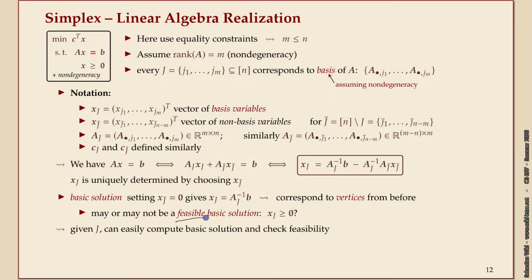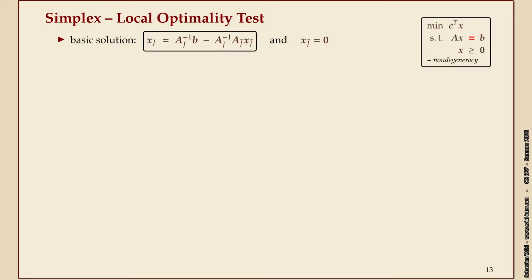So to wrap up this slide, if you're given a selection of columns, any m columns out of the n variables, you can compute the basic solution and you can check whether it's feasible. Just check if it's larger than 0. Now the last bit is to make this step in simplex: check if we're optimal already, and if not, make an improving step.